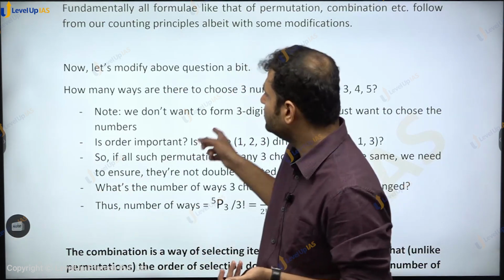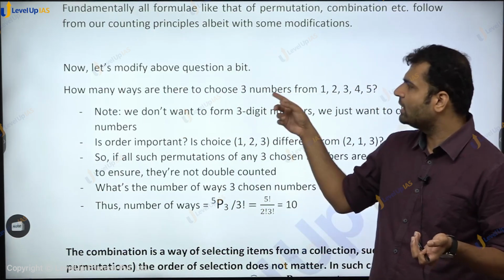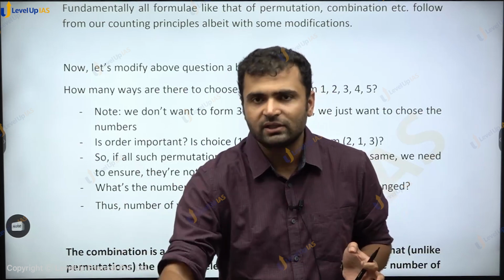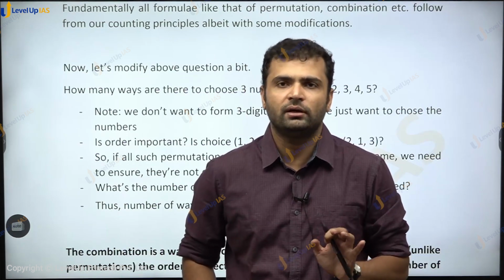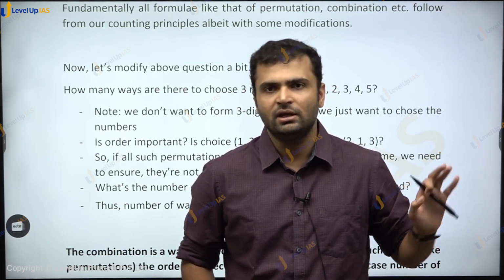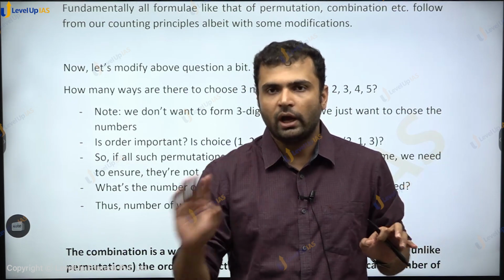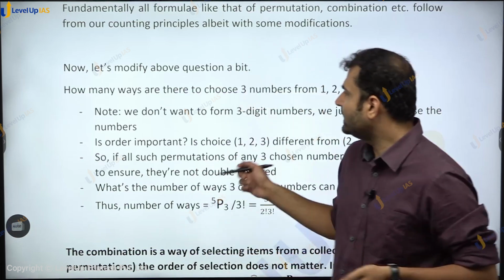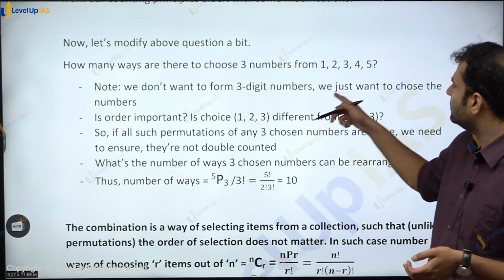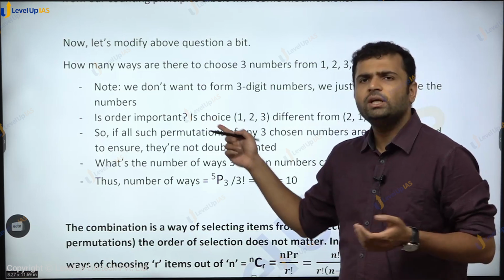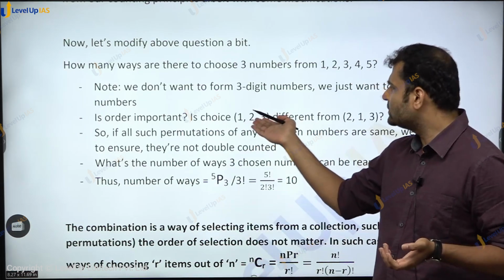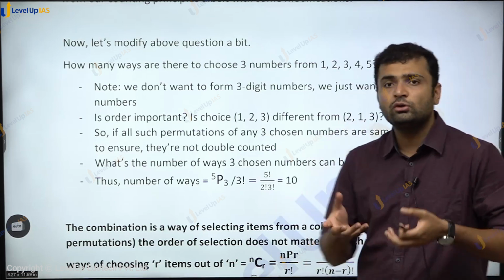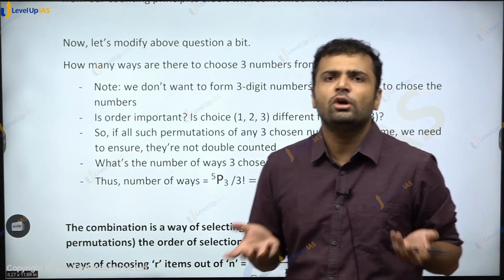So if the question is how many ways are there to choose 3 numbers, what do I have to do? I have 5 numbers, I just have to take 3 and put them in my pocket. I have no other intention; I don't want to order them, I just have to make a choice and keep that in my pocket. In that case we don't have to form a 3 digit number, we just want to choose these numbers. Is order important? The choices 1 2 3 and 2 1 3 are absolutely the same, because they are the same digits. I just want the choice of digits.